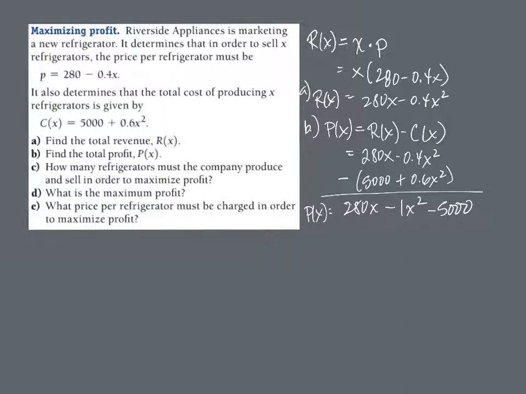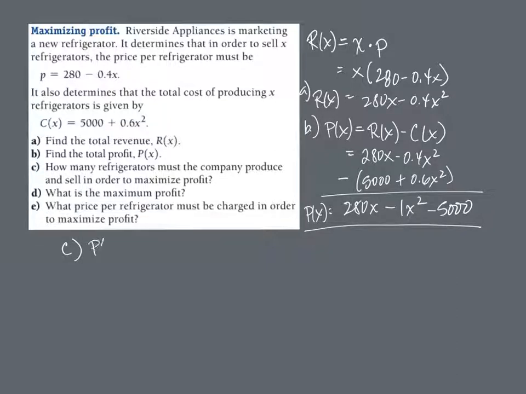Now, part C, if we're following our strategy, is that we've gotten our function Q that we are going to maximize. We already have a function of one variable, so there's nothing else I need to do, and I just need to find the maximum. In this case, I have a quadratic, and the quick, easy way is to find a derivative. So part C is how many refrigerators must I produce and sell in order to maximize profit.